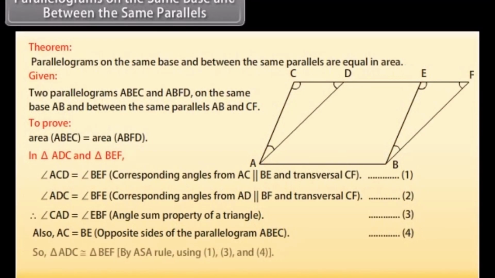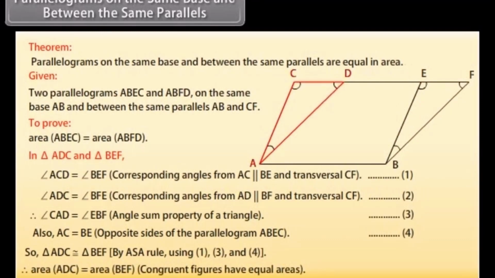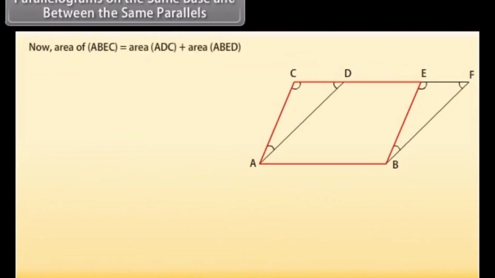Mark it as 4. So, triangle ADC is congruent to triangle BEF by ASA rule using 1, 3 and 4. Therefore, area of ADC is equal to area of BEF because congruent figures have equal areas. Mark it as 5. Now, area of ABEC is equal to area ADC plus area ABED.